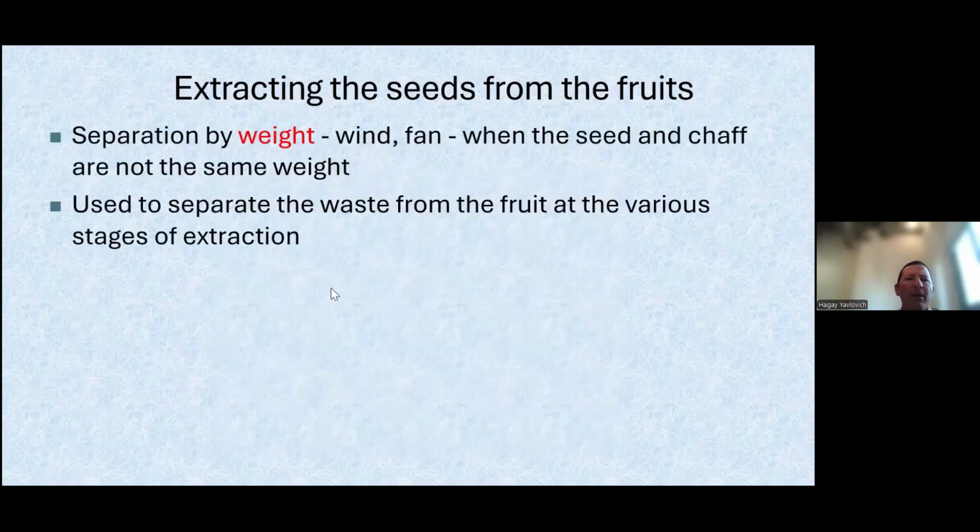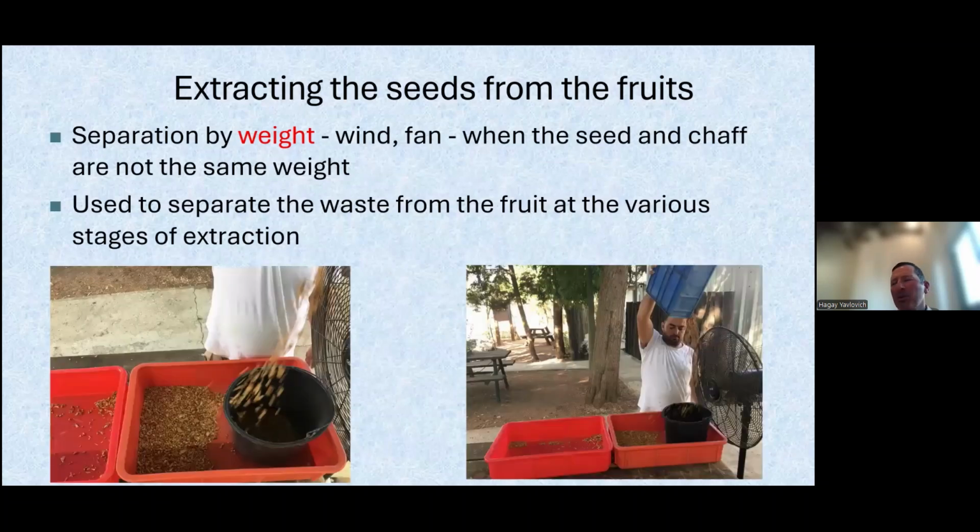Of course, we can have separation by weight, and separation by weight is by wind or by fan, and you can do it very simply. We don't try to make it very complex.